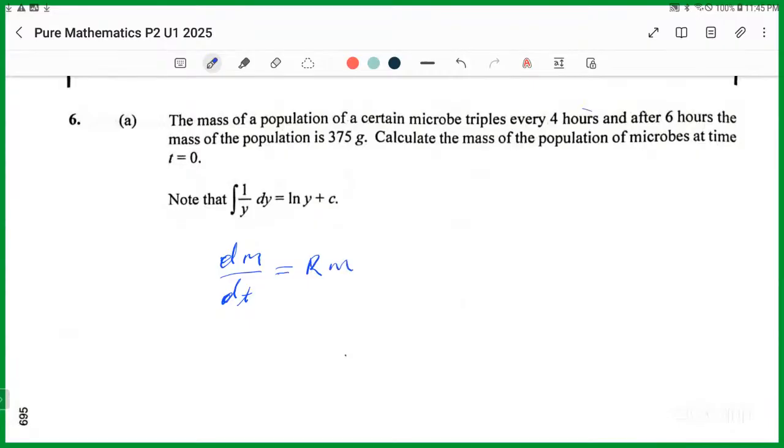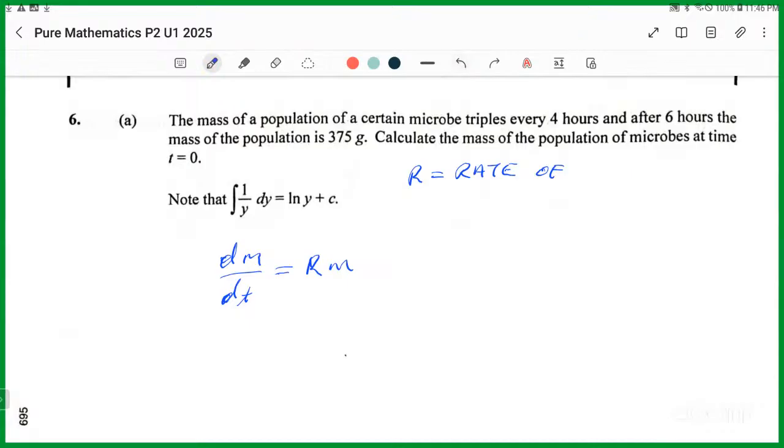But they give us over 4 hours, we can't use 4. We don't know what the rate is. That's what we have to do. So r equals the rate of growth, the rate of increase, and it's given in terms of the mass.